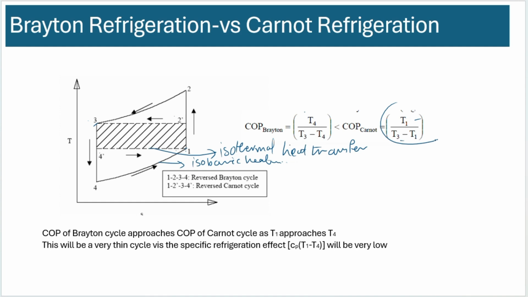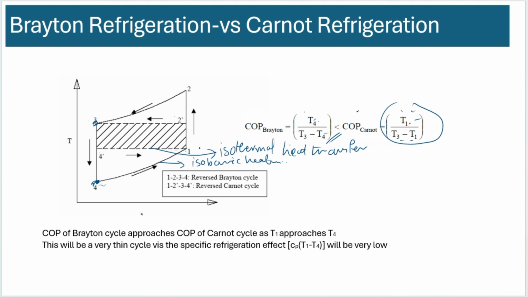Okay, so Carnot is this. For COP Brayton, it is based on this temperature. Okay, this temperature. So this ratio is typically smaller. This tends to become this if 4 tends to become 1, right?